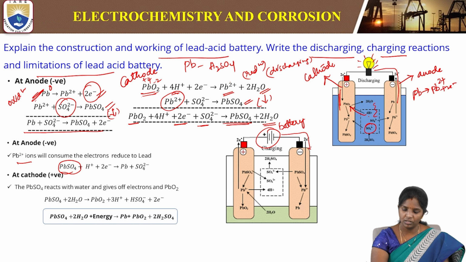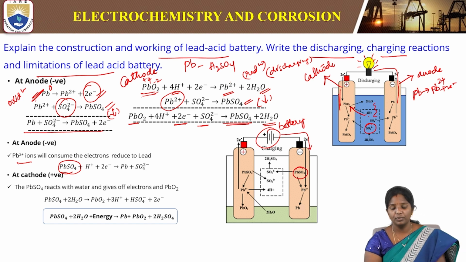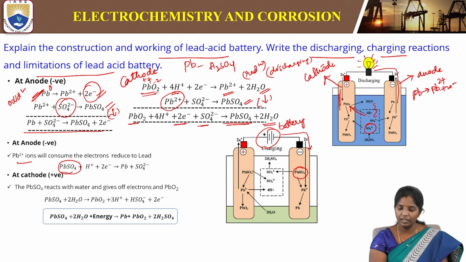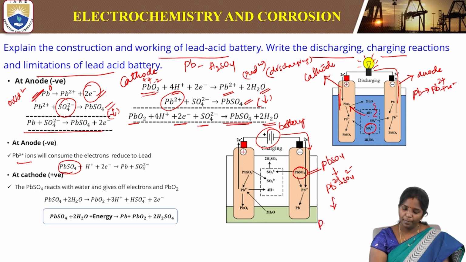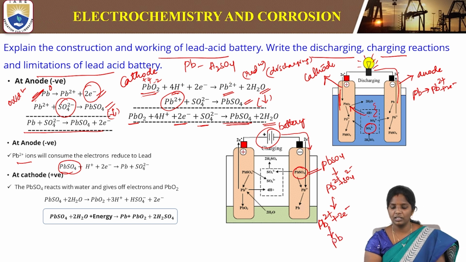So where are the lead 2 plus ions coming from? Lead sulfate. This lead sulfate will dissociate to lead 2 plus ions and SO4 2 minus. So these 2 plus ions will consume the electrons and convert back to lead. That is how the electrode is regenerated upon charging.